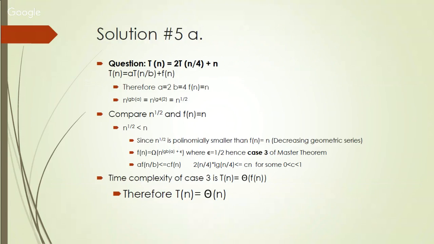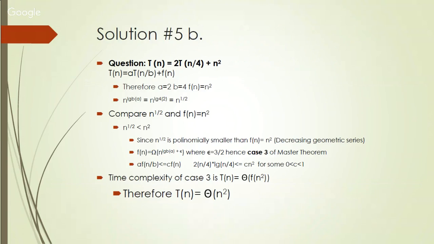Then the running time for case 3 of the master theorem is theta f(n), and therefore for our case here it will be theta n. That will be the running time, or the time complexity.